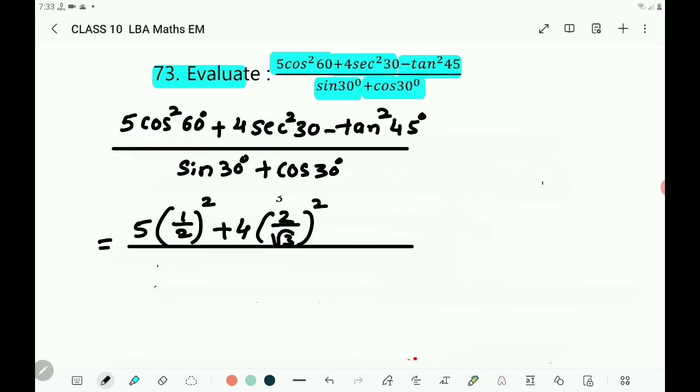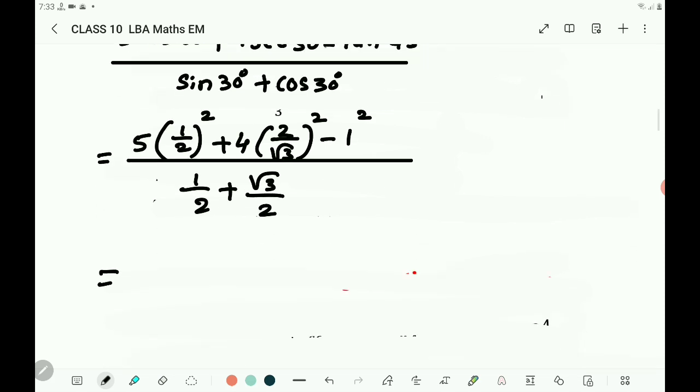Then minus tan square 45; tan 45 is 1, so tan square 45 is 1 square. Then sin 30 is 1 by 2 plus cos 30 is root 3 by 2.